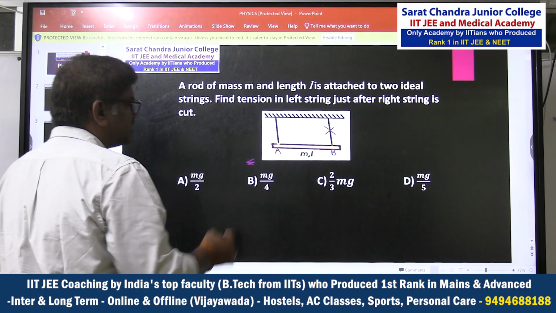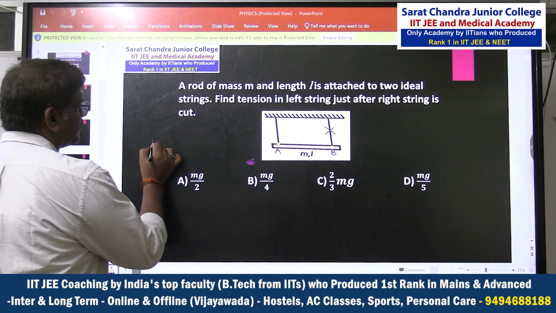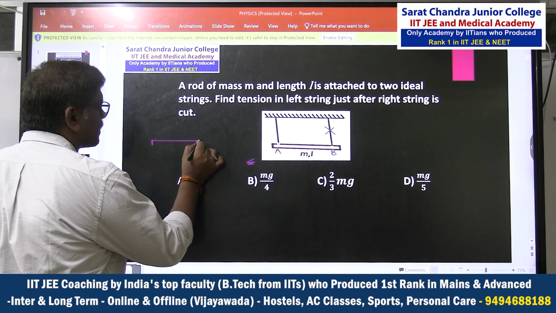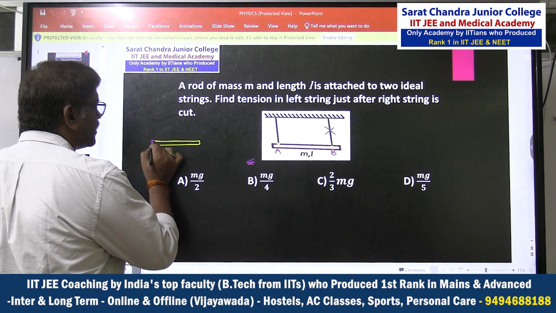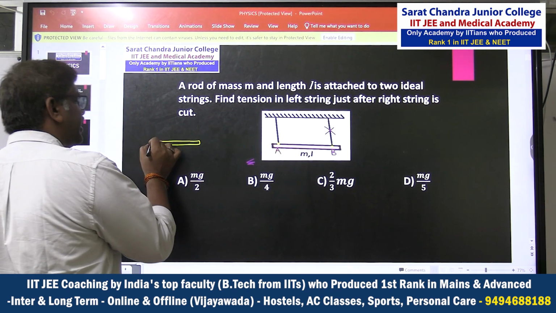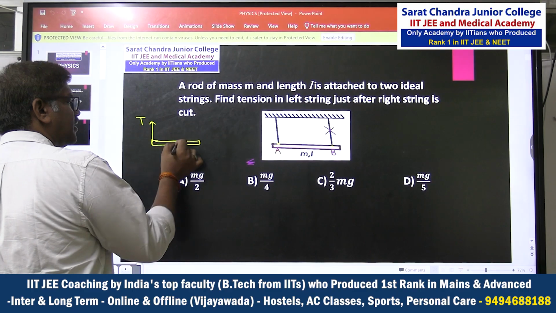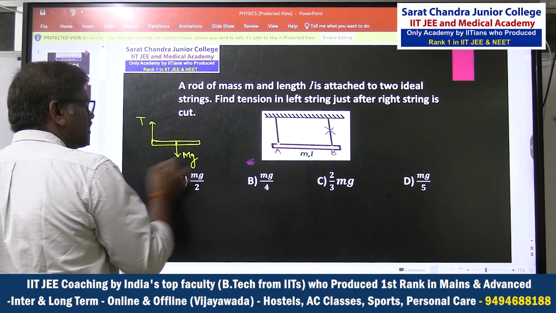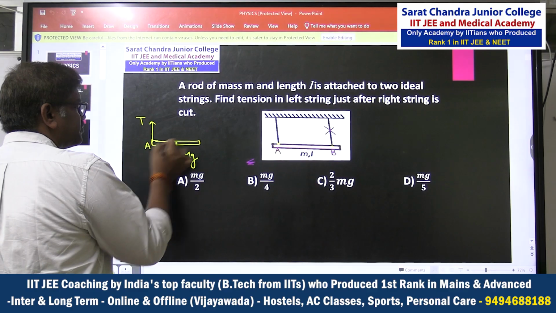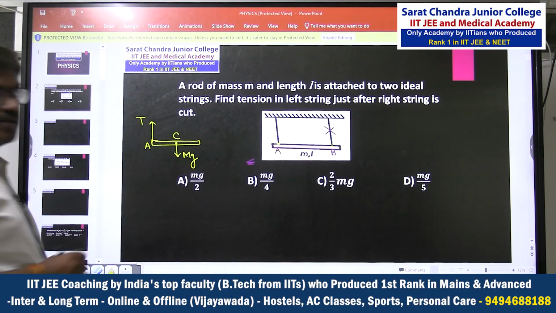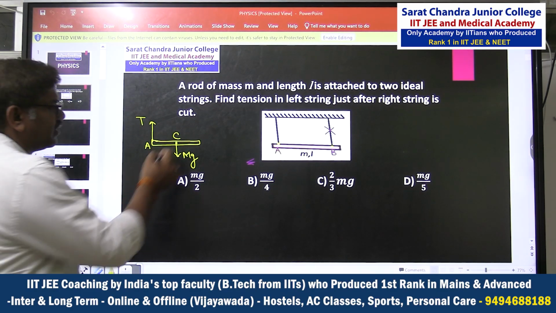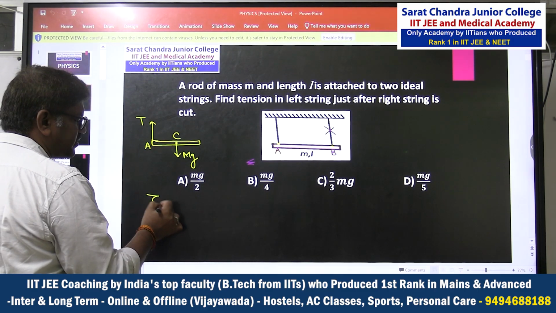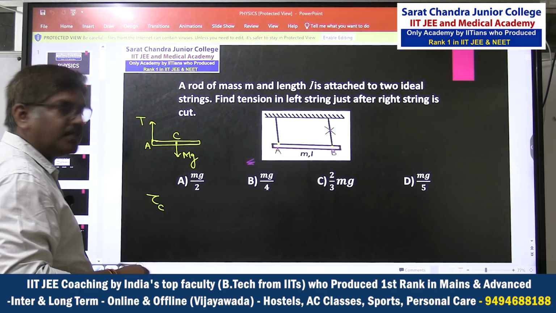So when the right string is cut, if I make the free body diagram of this rod, then at point A there will be tension T, and at the center there will be mg. I consider this point as A, this point as C. I am solving this question with respect to the center of mass, so I am going to write down the torque about the center of mass, and that will always be the right way.